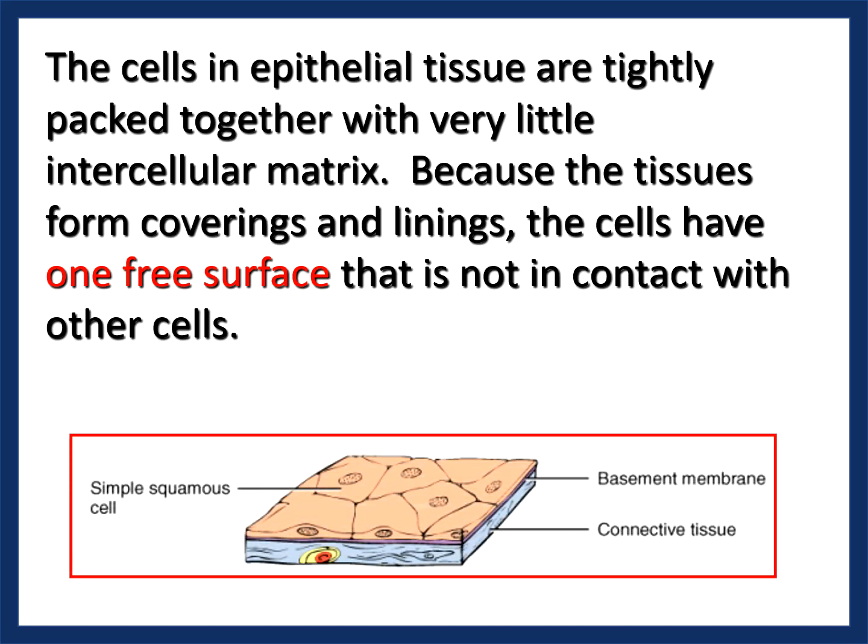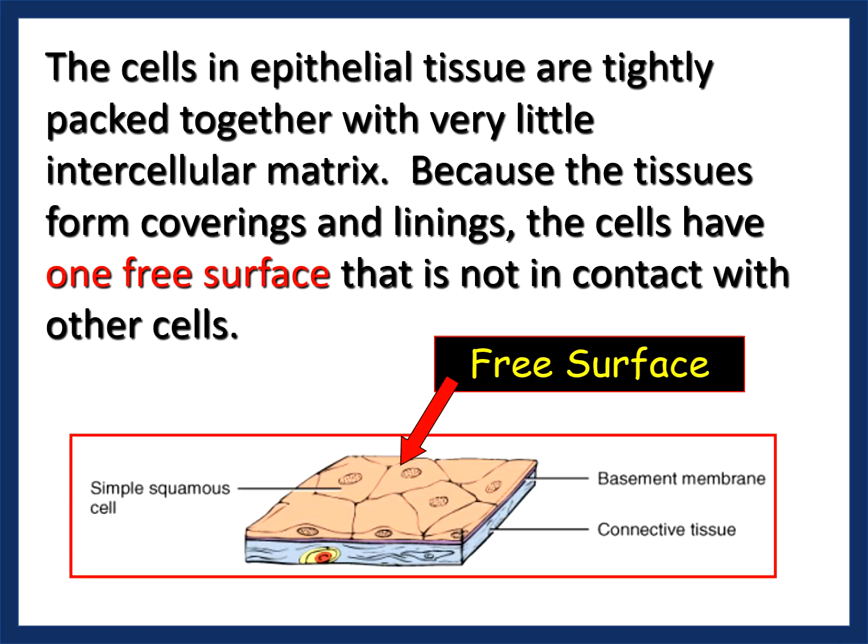So all of the cells, whether they are columnar, squamous, or cuboidal, are going to be really tightly packed together with very little extracellular matrix or intercellular space in between. Because these tissues form coverings and linings, right? So we're trying to make a boundary.